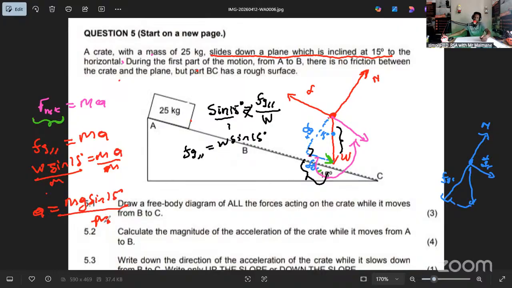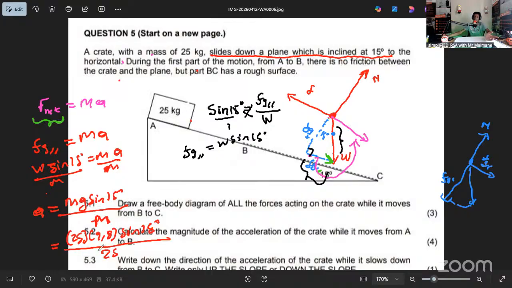Let me not cancel the m's. Let me just leave you to enjoy the 25 degrees. So I'm gonna say 25 times 9,8 sine of 15 degrees all over 25.